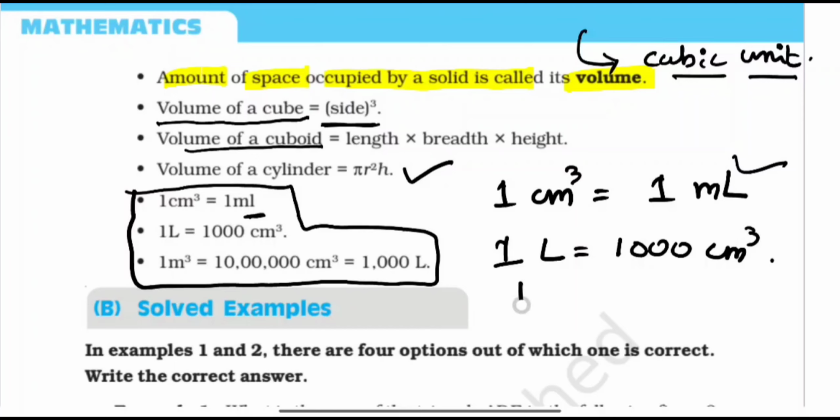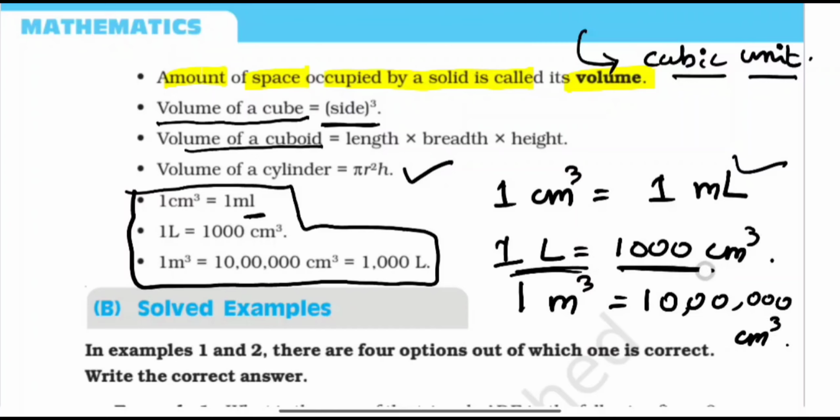And 1 meter cube is equal to 10 lakh centimeter cube, so 1000 into 1000, which means 1 meter cube is equal to 1000 liters. That much centimeter cube doesn't matter; the only thing which matters is 1000 liters.